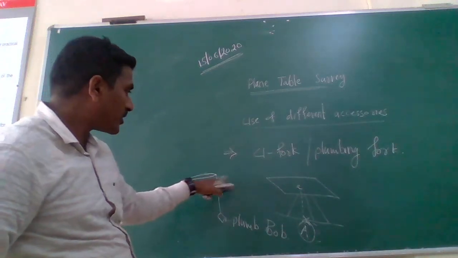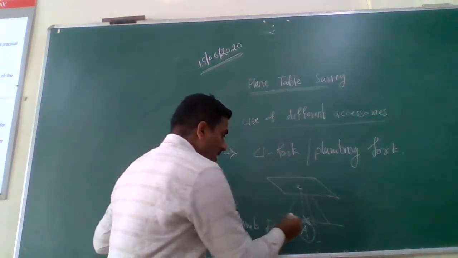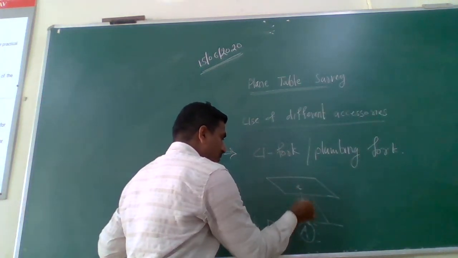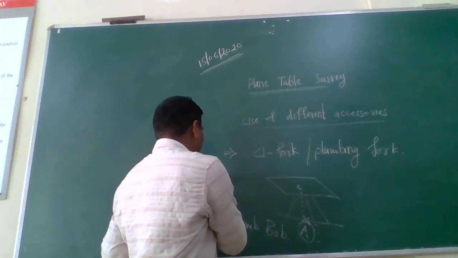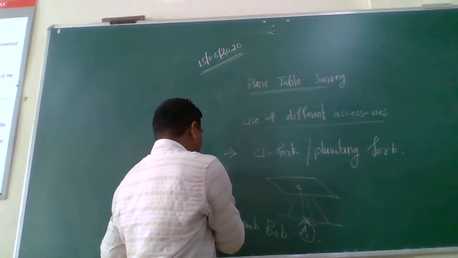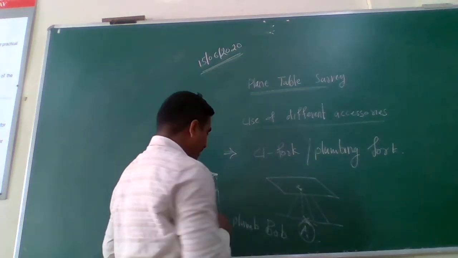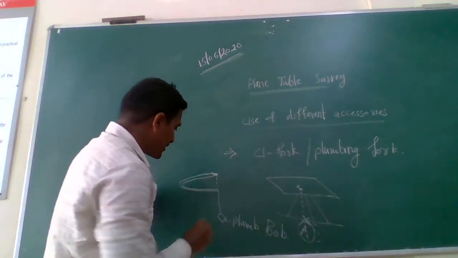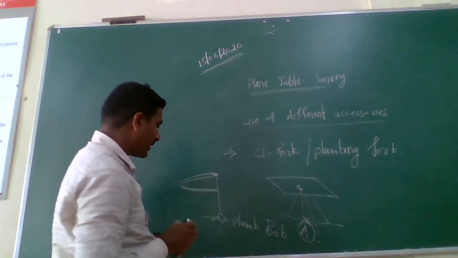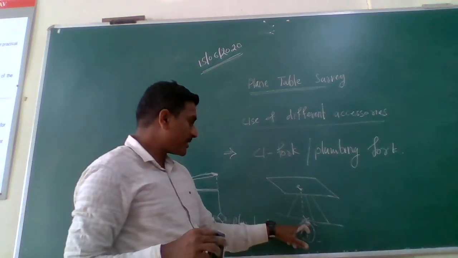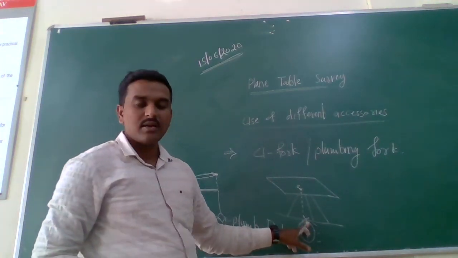So if I want to transfer the point from ground to the sheet or from sheet to the ground, then I have to keep this pointed end on the paper and the other end, which has the plumb bob, will represent the point on the ground.